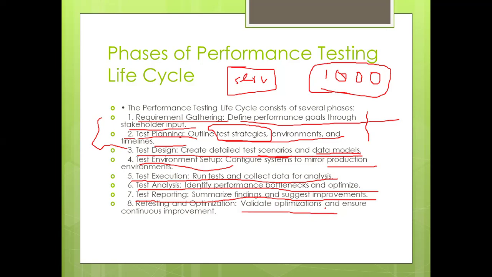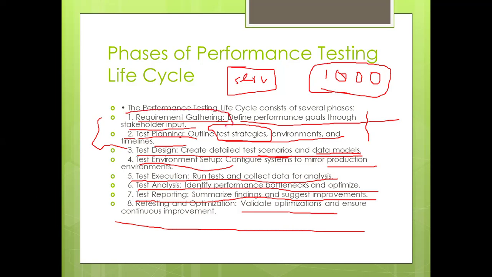So once optimization is done, they should do the testing once again, and we will check whether there are any potential bottlenecks. So in this way, these are the seven to eight cases here. Initially, case number one: once the project comes to us, we should check the requirements gathering part.